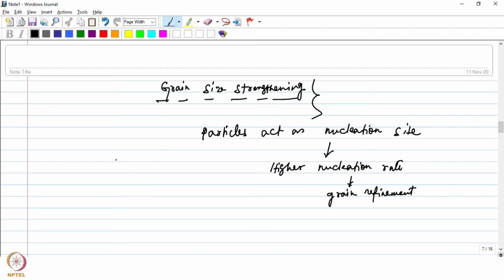So here we can use the Hall-Petch relationship with regard to the increase in the strength.